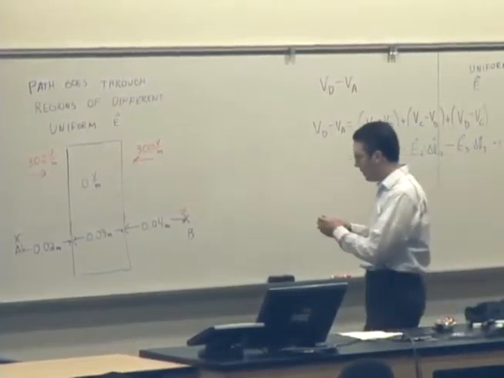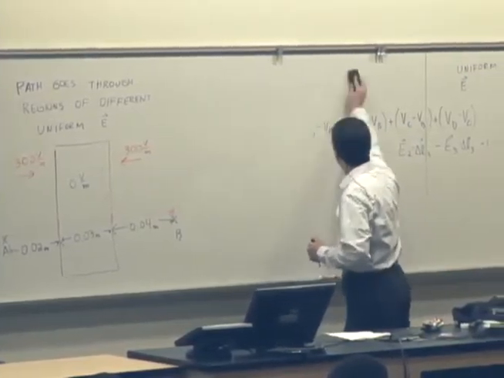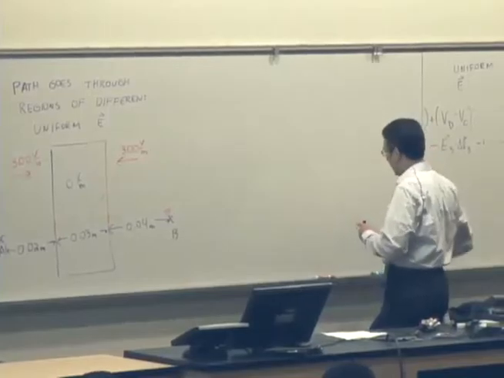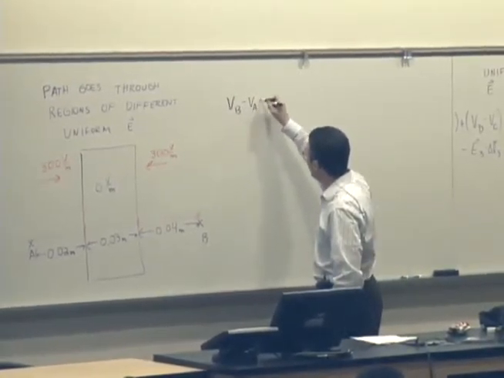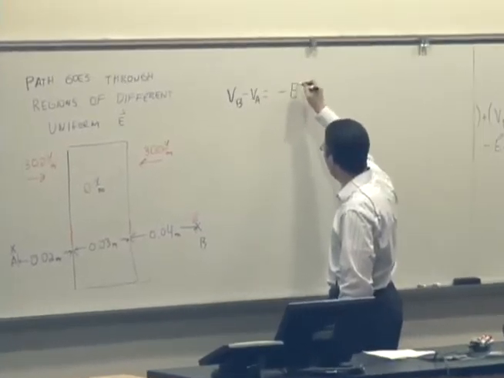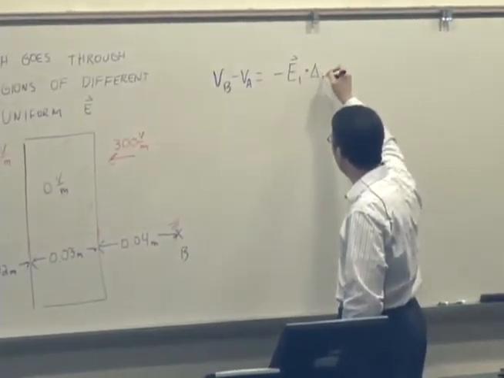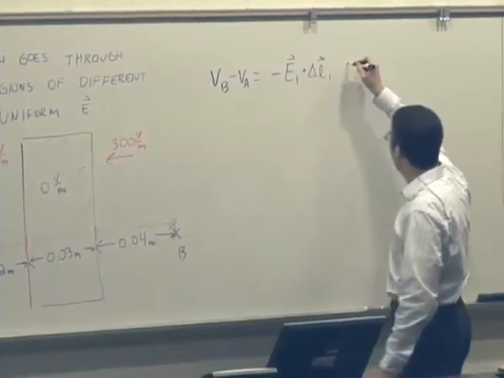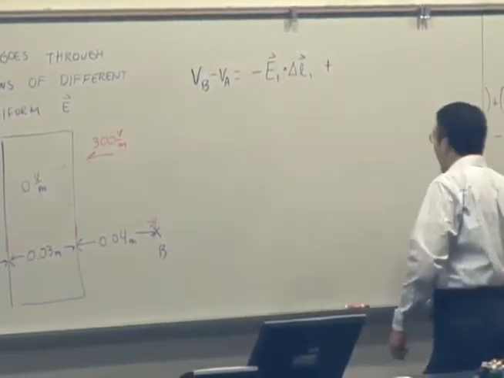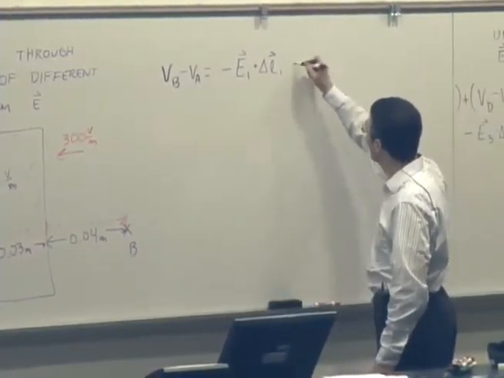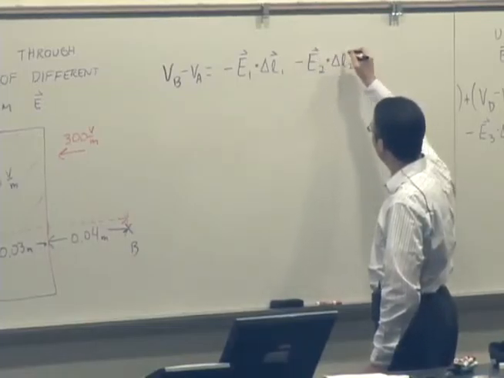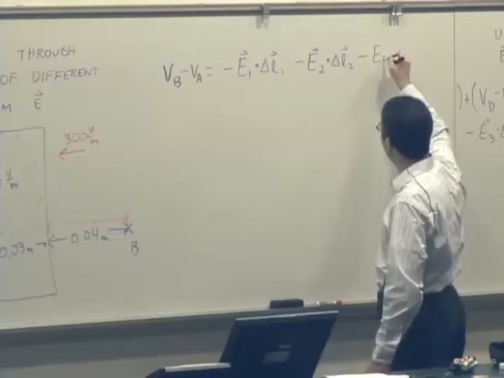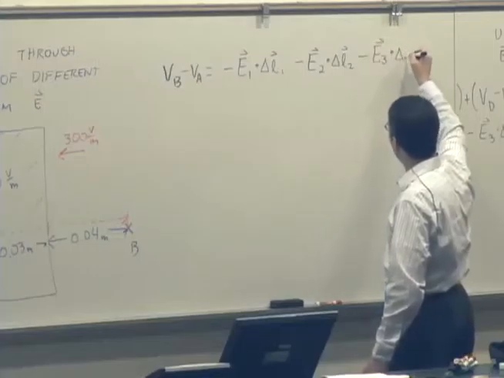We have VB minus VA is going to be negative E1 dot delta L1, plus or minus, if we're adding a negative here, minus E2 dot delta L2 minus E3 dot delta L3. Okay.